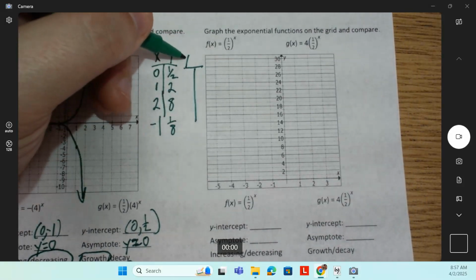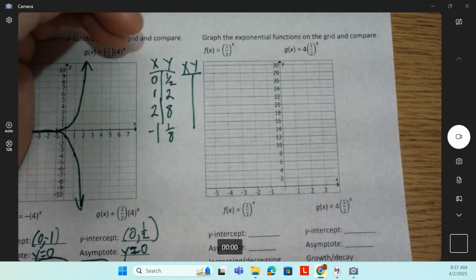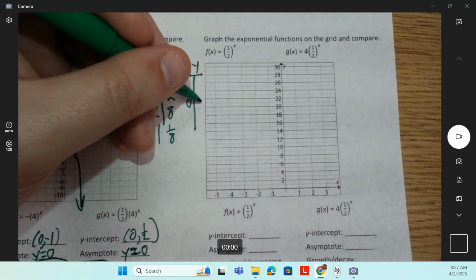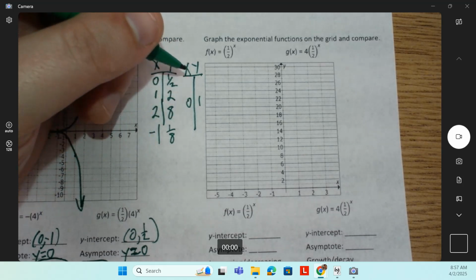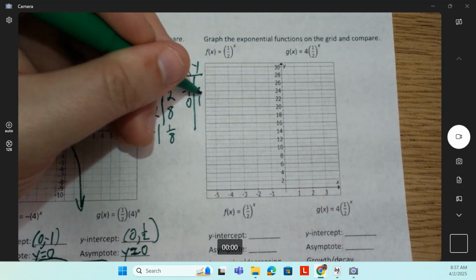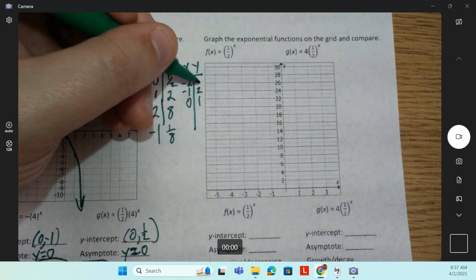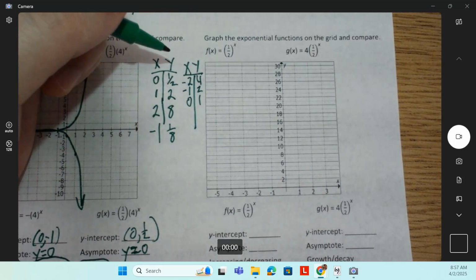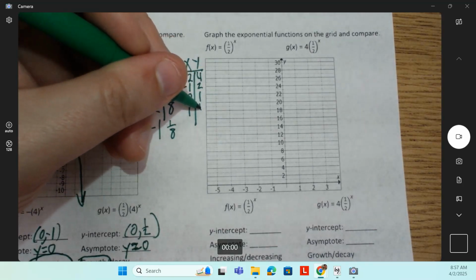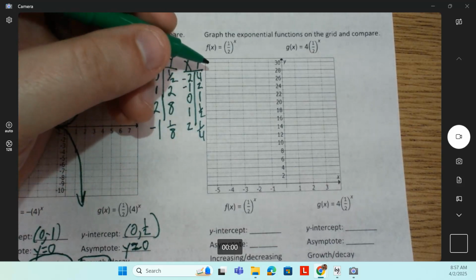So if I do an XY chart for the function with base 1/2, if I start out at 0, it's going to be 1. If I go to -1, it'd be 2, and at -2, 2 squared would be 4. Now if I go to 1, it's 1/2, and at 2 would be 1/4.